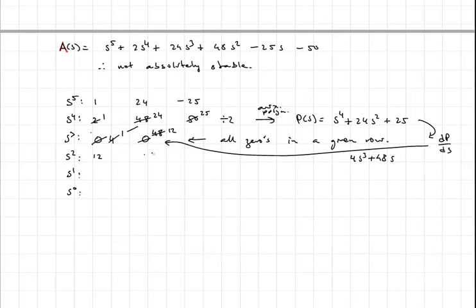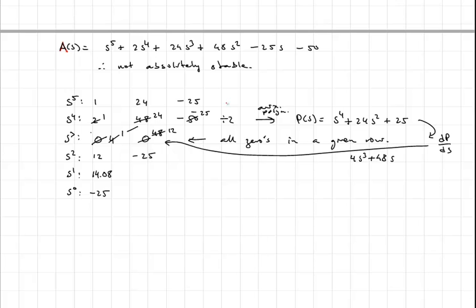Here we have 1 times minus 25 minus 0 over 1. Oh wait, I'm sorry, there's a minus 50 up here. So that means this is a minus 25. And then we have 12 times minus 25 minus minus 25 times 1 divided by 12, and that turns out to be 14.08, and then the last entry is minus 25.